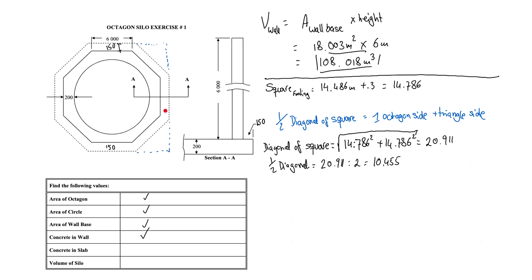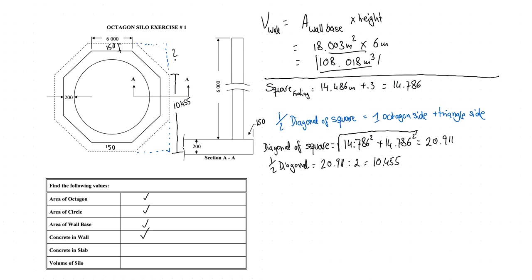So we know that from the corner to that first edge up here, this is 10.455. So right here, 10.455 from here to here. So if you look at that picture, can we figure out what our triangle side is? I think we can, because we know what our full width across is, right? Our full square side, which is the 14.786. If we subtract our 10.455, we come out with our triangle sides. And then from there, we can figure out our triangles again.